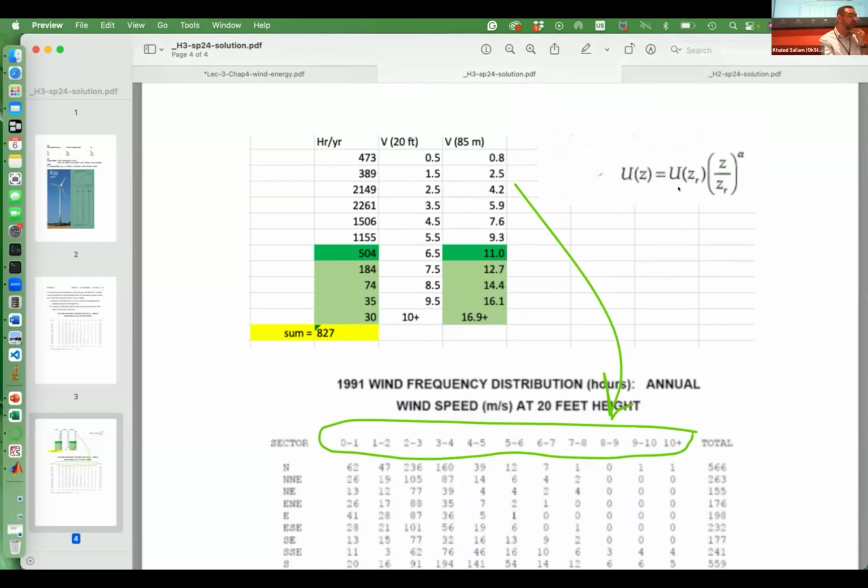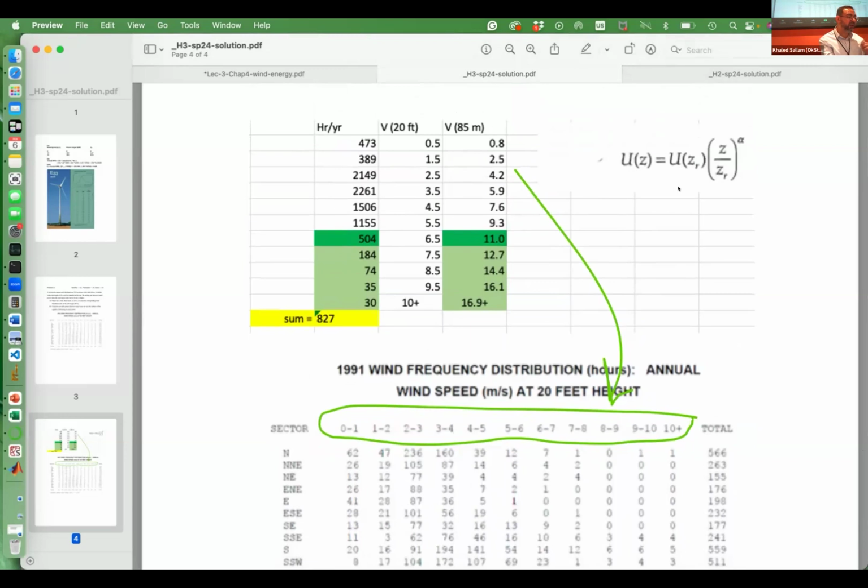Good. So now the second part, he said that the turbine will not give its rated power unless the velocity at the hub is 10 meters per second or higher. So at the hub height, the velocity here is 0.8 for this many hours. 2, 4, 5, 7, 9, all those hours, the turbine is not running at rated power. Only when it is 10 and higher, which is this. We said how many hours are that. So we just have to figure out how many hours per year the wind will stay in that category.